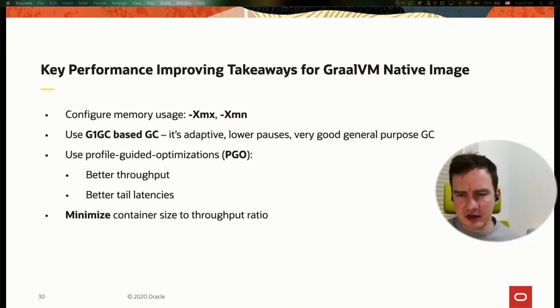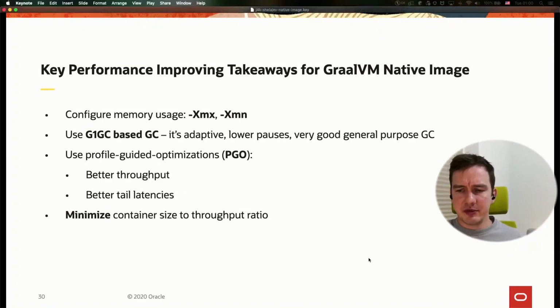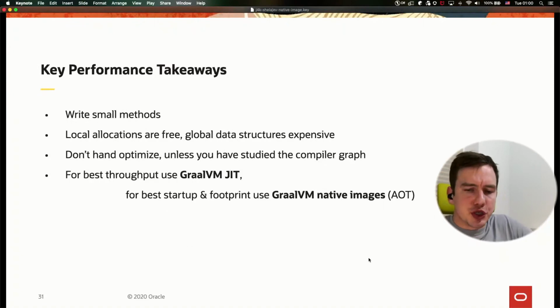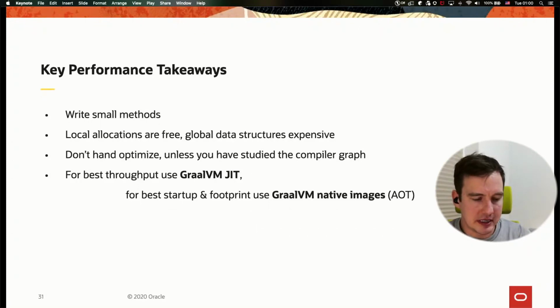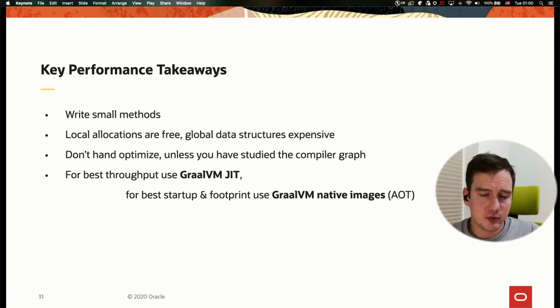And while we're talking here, I would like to give you a few takeaways about running with the JIT as well. So if you want your application to be really good for the JIT, and this is not just for GraalVM JIT, because those are general performance advice here. Right? You want to write small methods, which is very important.